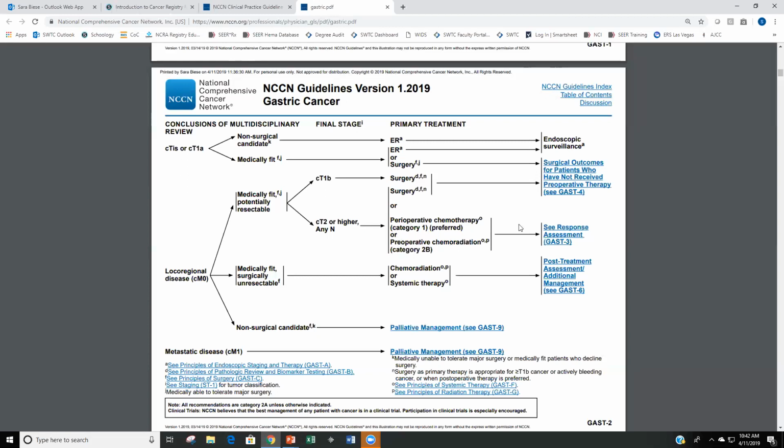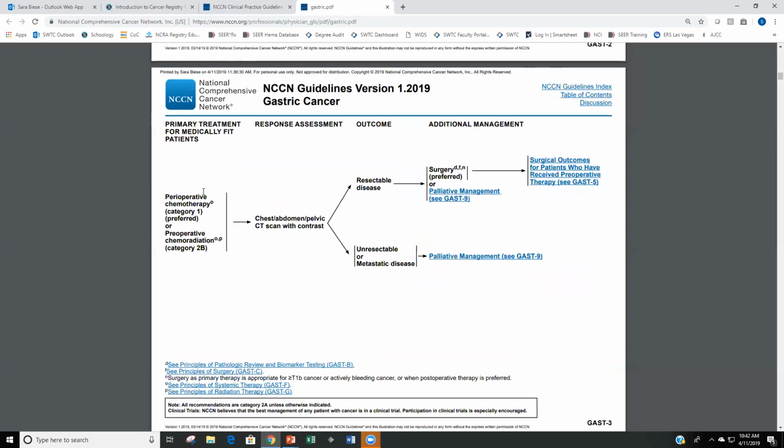And then once they finish that, they would click on response assessment. After they go through that treatment, they're going to have a CT scan with contrast, because the physician needs to know how well the tumor responded to that treatment.